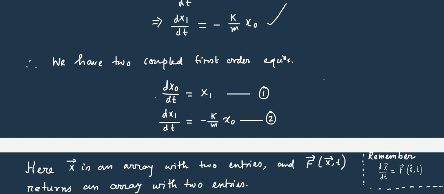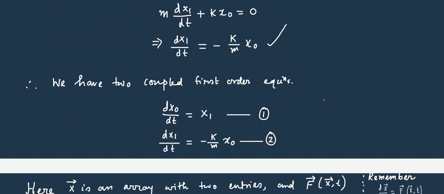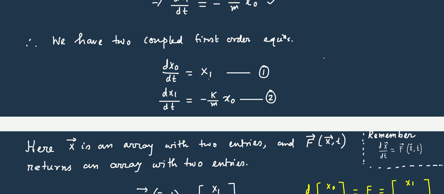That means our basic equation m d2x/dt2 plus kx equals 0 can be recast into two first order coupled equations. Coupled because x1 appears in the derivative of x0, and x0 appears in the derivative of x1. They both are coupled and both are first order.